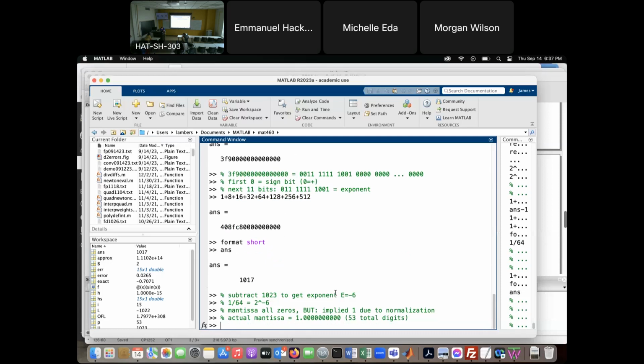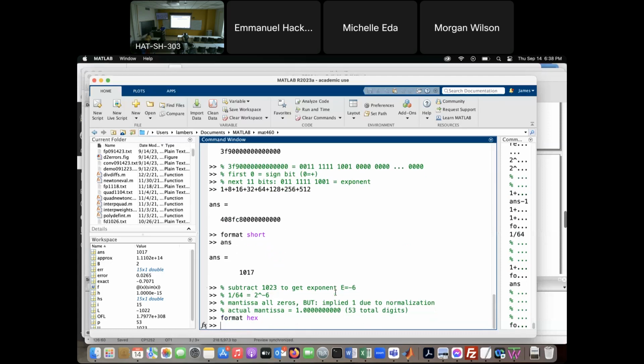Okay. So, questions about what we saw in text format. We go back to format hex. Now look at the smallest number that I can represent, 2 to the minus 1074.